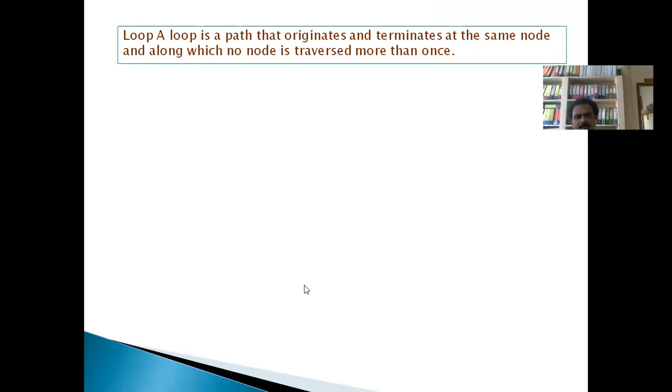Again, we can take the same example. There are some 4 nodes. This is the forward path direction. Here it is one more feedback. So this can be called a signal flow graph. This is called the loop.